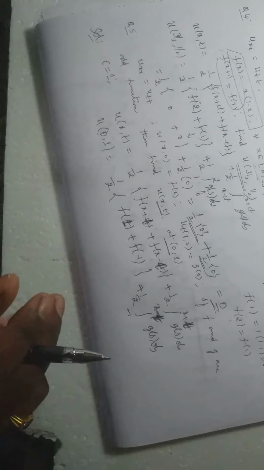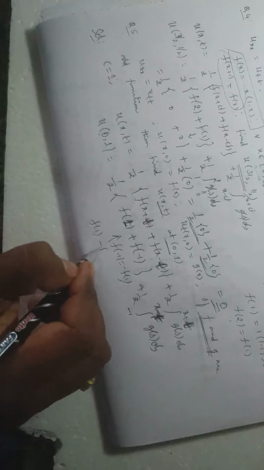Here given f and g are odd functions. If f is an odd function, f of minus 1 will be minus f of 1. So if I plug it here, it is f of 1 minus f of 1. So the first term is 0. Again I have g of x is an odd function. If it is an odd function, see, sin x is there.